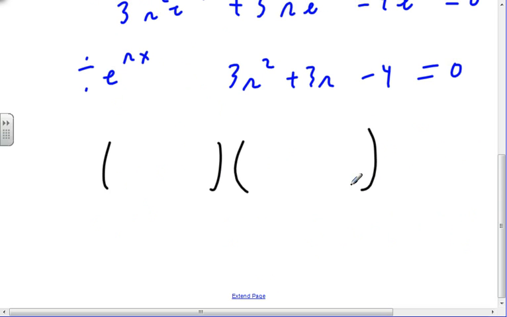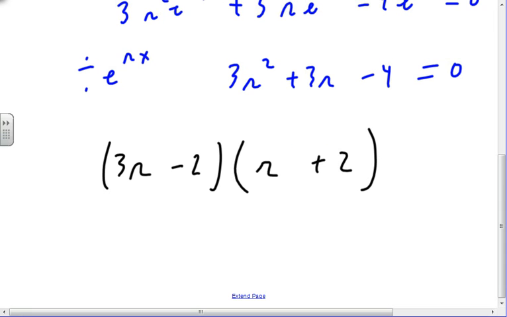If it just factored 3r minus 2 plus 2. That doesn't work, does it? I don't think it's going to factor. Bummer.